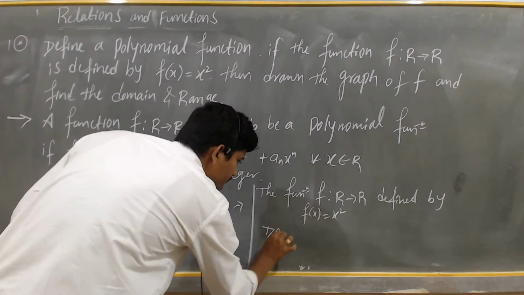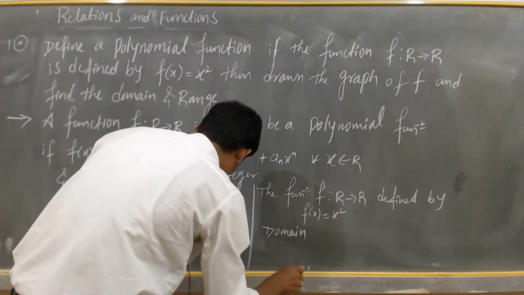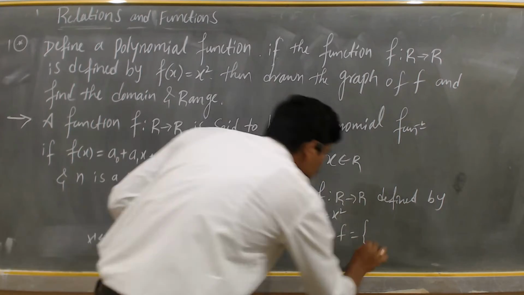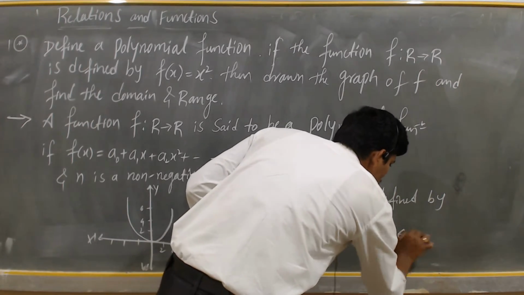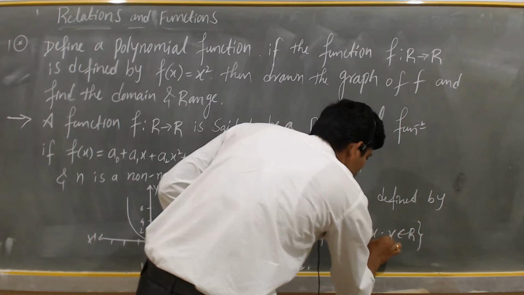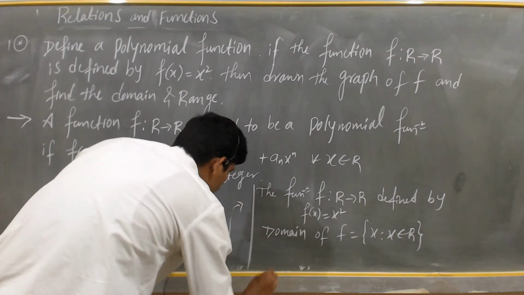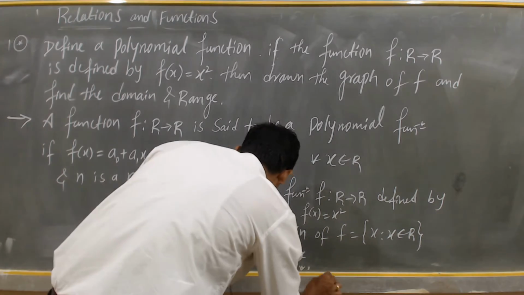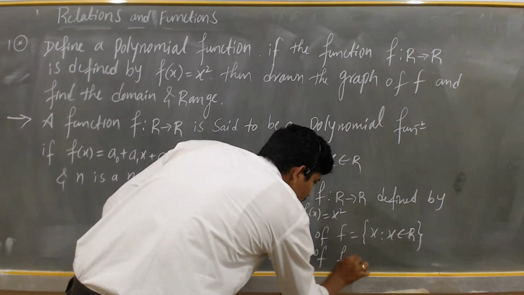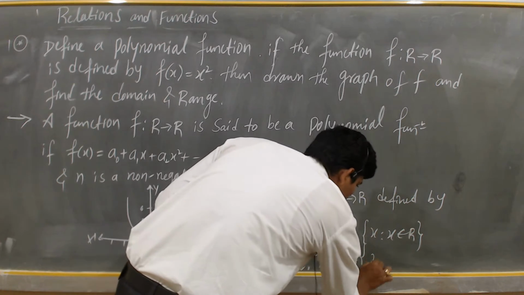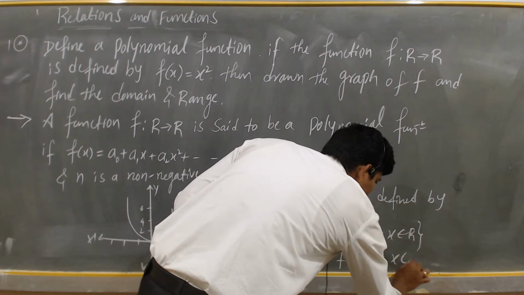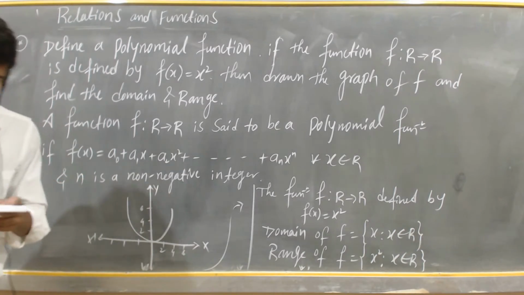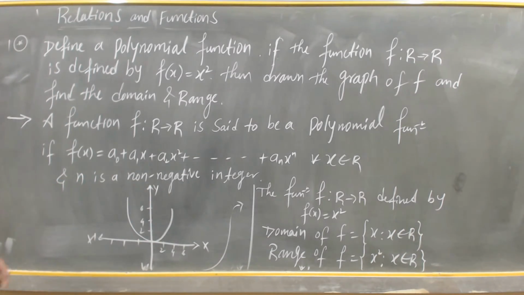Domain of f equal to x such that x belongs to capital R. R is the real number. And next, range of f equal to x square such that x belongs to capital R. So it shows that domain and range both are R.